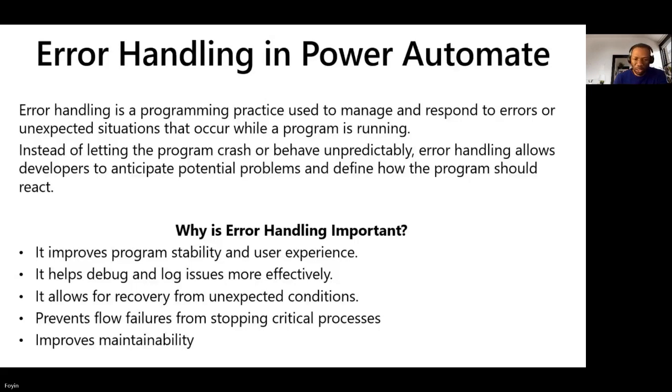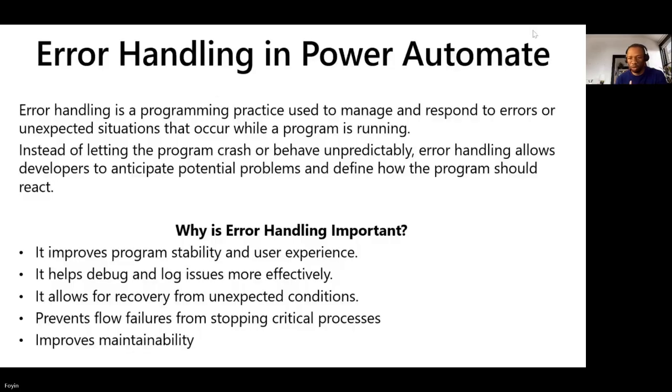So why is it important? One of the reasons why error handling is important is for stability and user experience. So it improves the stability of your Power Automate flow. It's more stable in the sense that it's not failing one day and then the other time it works, today it's not working, right?